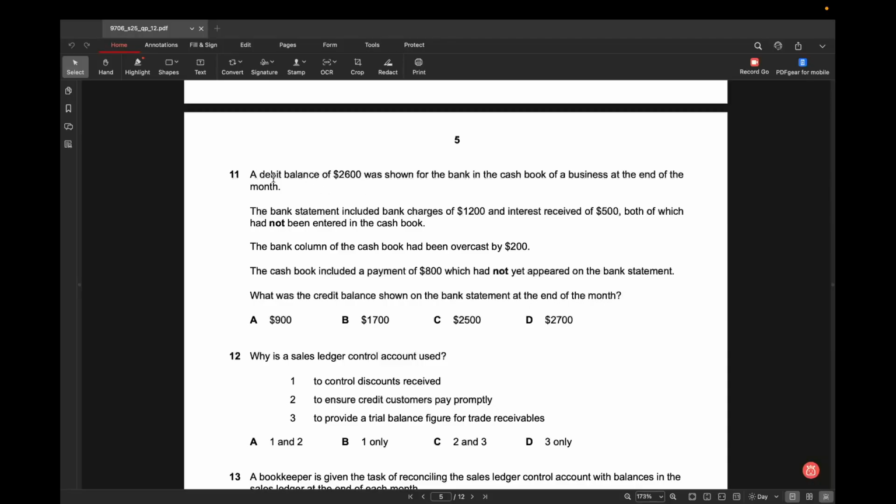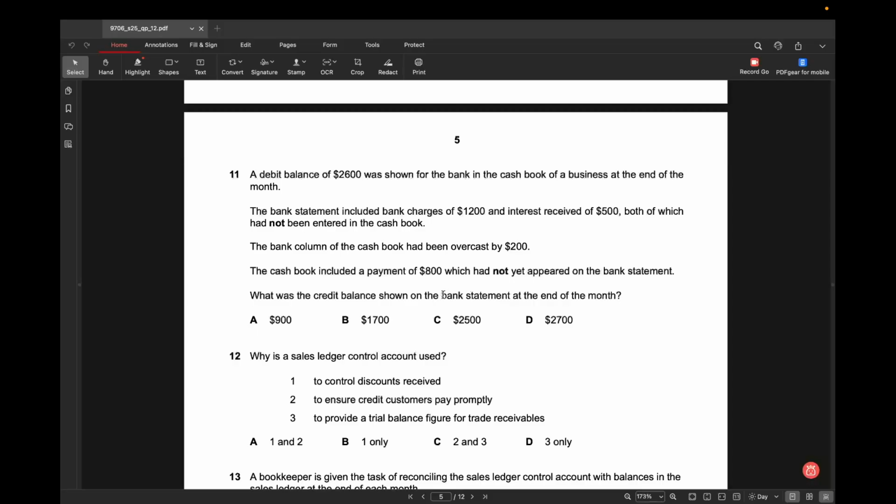So here they give us the debit balance in the cash book, that means the positive balance, and they're asking us what is the credit balance in the bank statement. So bank statement credit balance means also the positive balance. So basically they are asking, the balance we have in the cash book is this; after all this adjustment, what will be the balance in the bank statement?